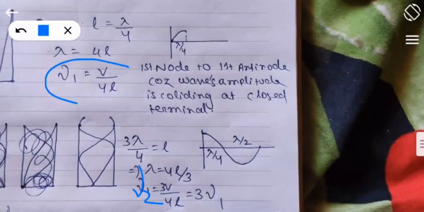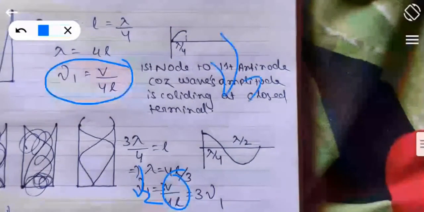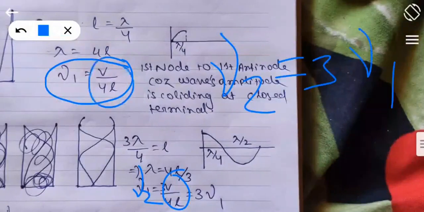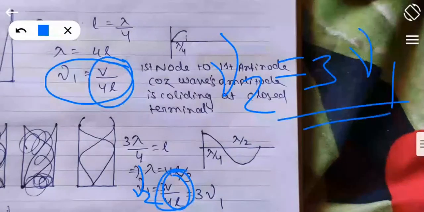You have achieved nu 1 is equal to V by 4L. Here it is 3V by 4L. So you can say your nu 2 is 3 times your nu 1, because it's 3 into V by 4L. This is only V by 4L. This is 3V by 4L. So it is 3 times nu 1.